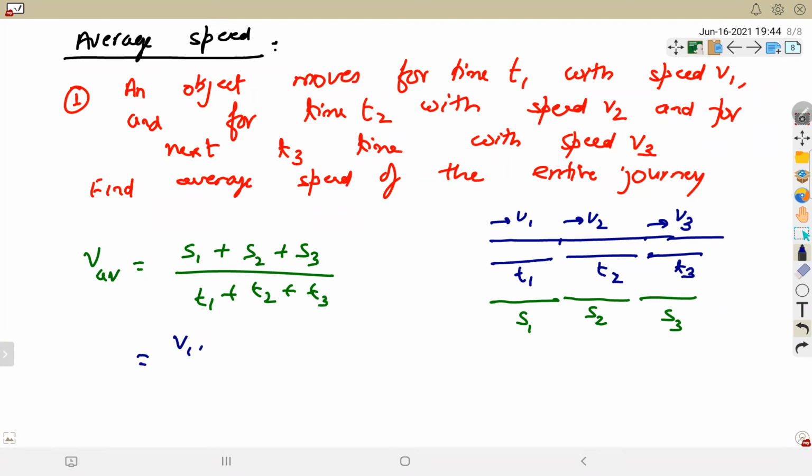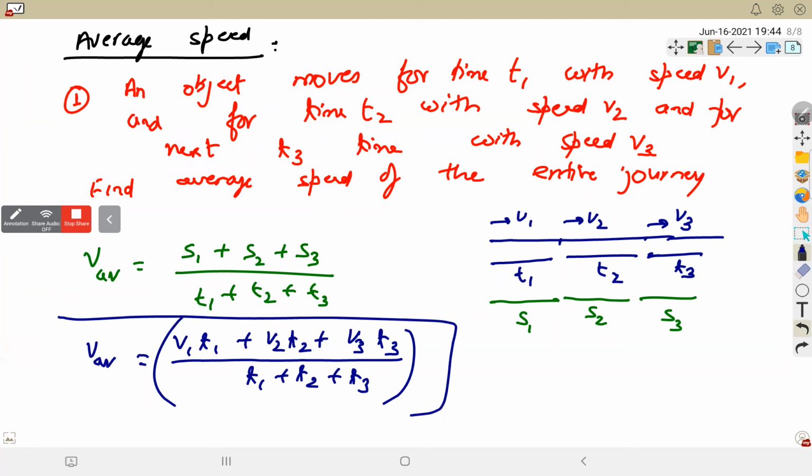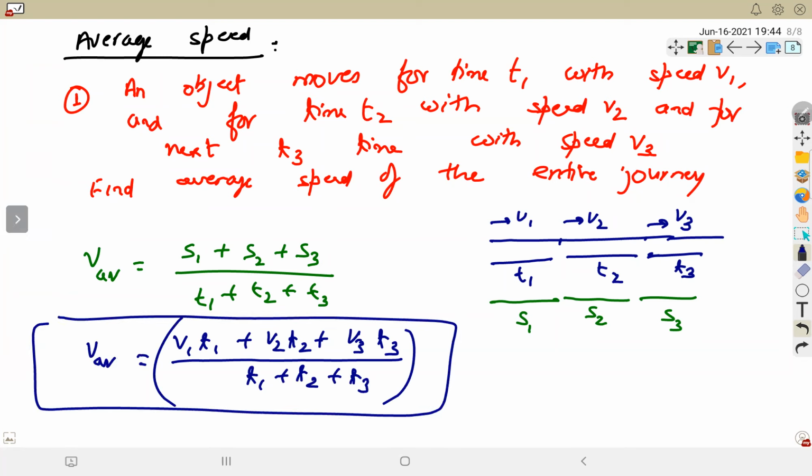Distance is speed into time, so v1 t1 plus v2 t2 plus v3 t3 divided by t1 plus t2 plus t3. So this is the formula that we can apply here. If this time interval is equal, then it will be just like a normal mathematical average or mathematical mean.